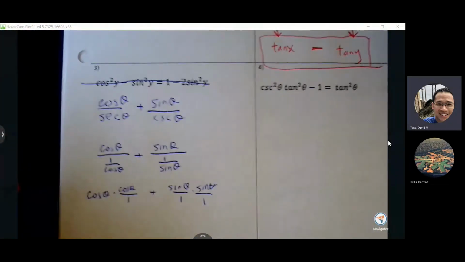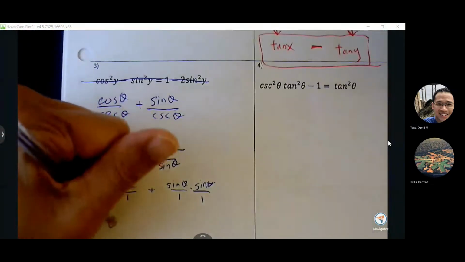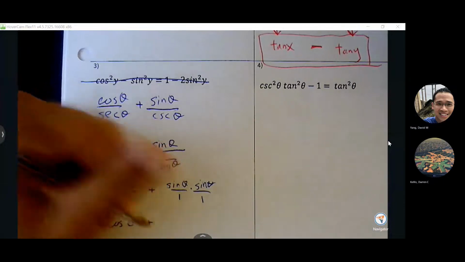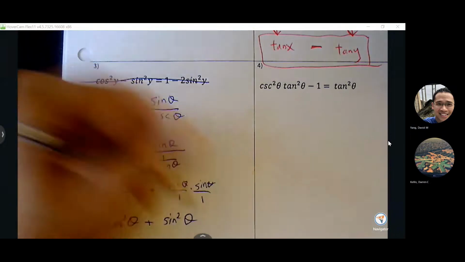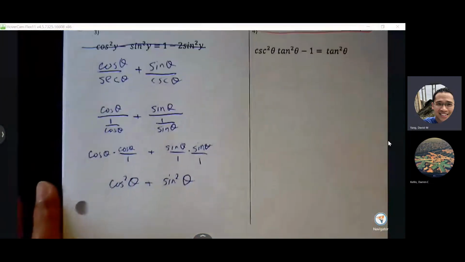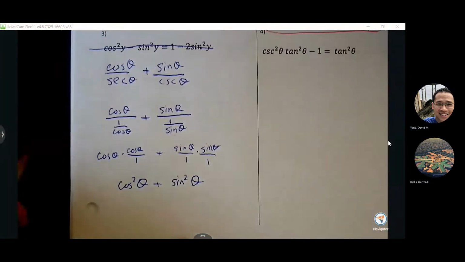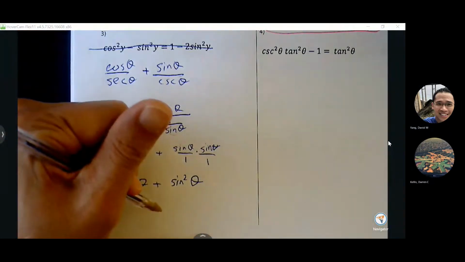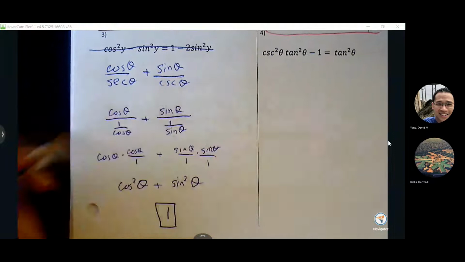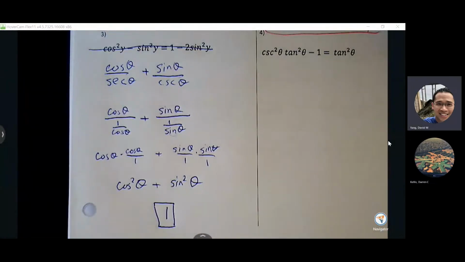Okay, cosine squared times cosine squared, cosine squared theta, sine squared theta. So this should be equal to what? What's our identity for cosine squared plus sine squared? So if this was the problem, then one should show up in the answer bank and you just choose one.